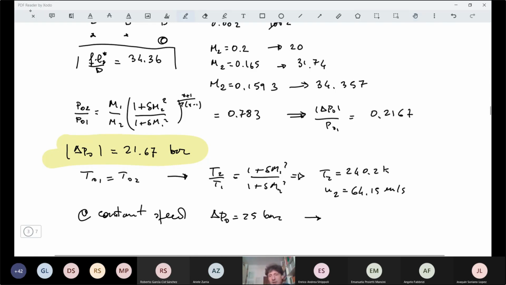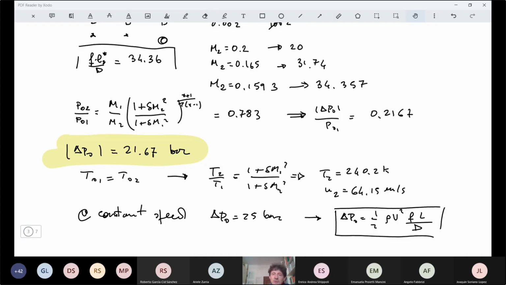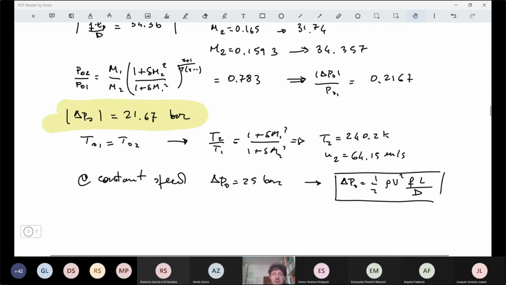This is the result of this expression that is valid for liquids or for compressible flows, so for gases, if you consider constant velocity, because this can also be expressed as delta P0 over P0 of 1/2 gamma M squared f L over D.